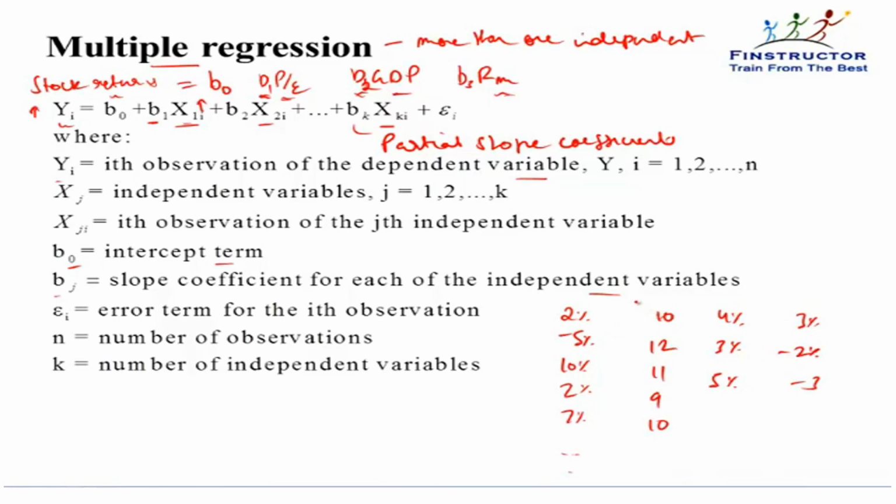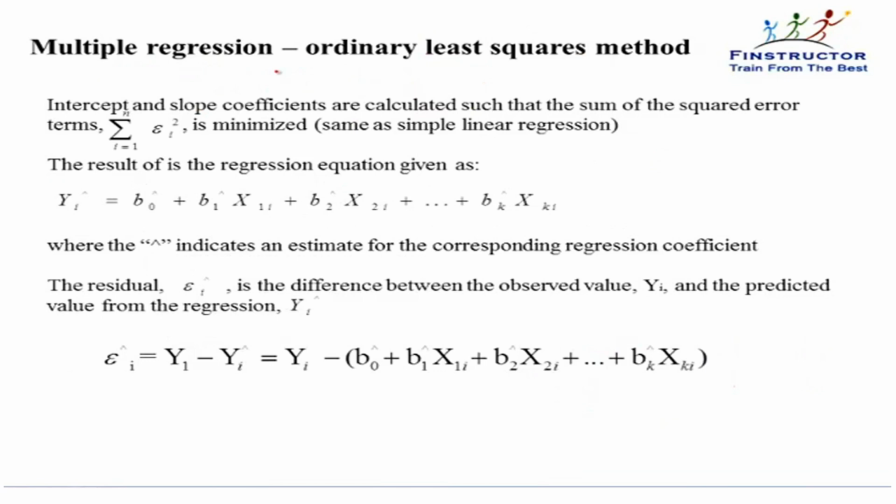The question still remains: I need to calculate these coefficients b1, b2, b3, and I need to estimate the intercept term b0. Let's assume that I'm able to estimate these coefficients. The regression equation then would be written as y hat is equal to b0 hat plus b1 hat into x1 plus b2 hat into x2, and so on and so forth, bk hat into xk.